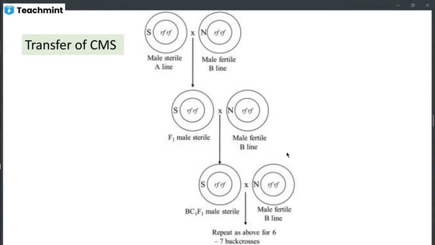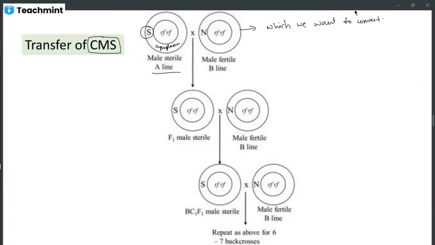See, the name itself indicates that cytoplasmic male sterility means the cytoplasm will be in sterile condition. So for example, assume that this is a female line which has the sterile cytoplasm, and this is the line that we want to convert into the CMS line. So what will you do?